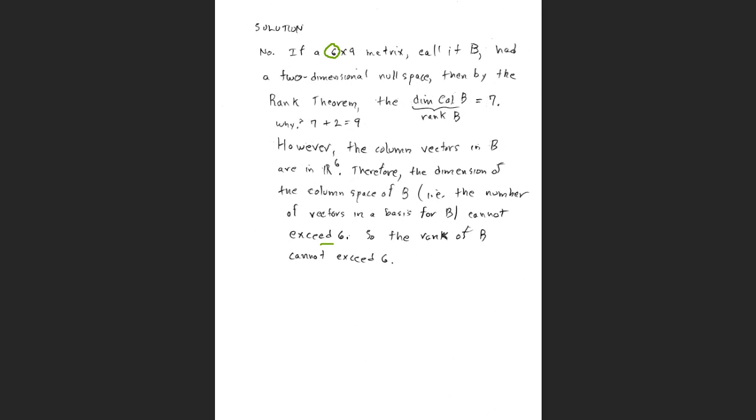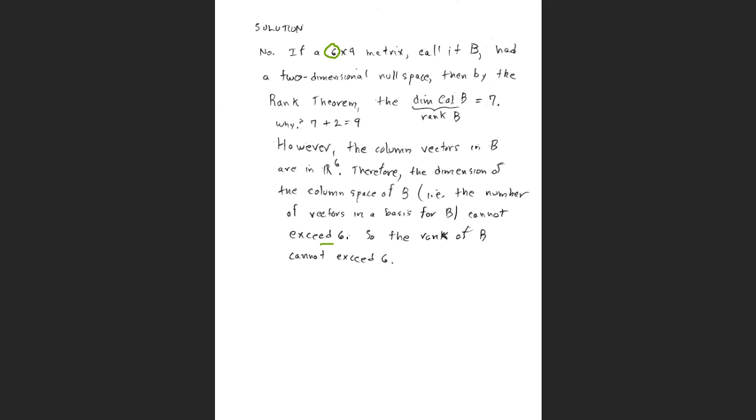The column space of the matrix B could consist of 6 vectors. It could consist of 1 vector, 2 vectors, 3, 4, 5, or 6 vectors.